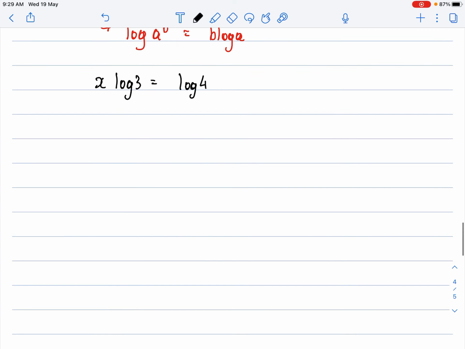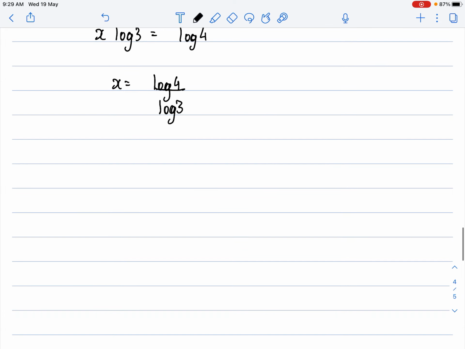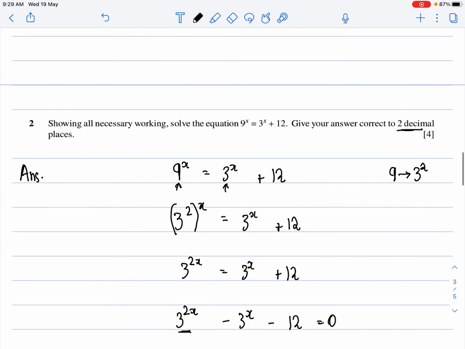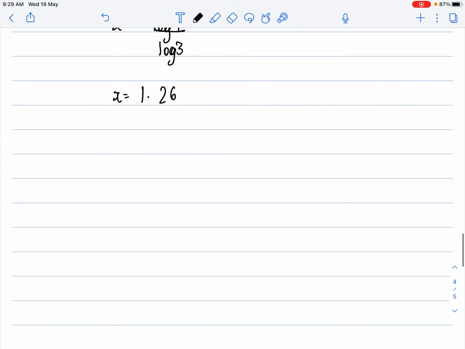Now I can write this as x equals to log 4 over log 3. So I can simply use my calc to solve something like this, correct? So just write log 4 over log 3 and the answer you get is 1.26. To 2 decimal places. So yeah, 1.26 is the final answer of your question.